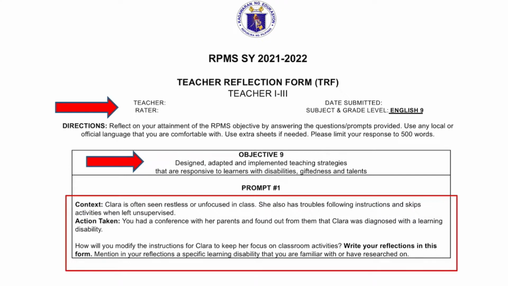So, you're going to write your reflections in this form. You are going to mention your reflections as specific learning disability na familiar ka or yung na-research mo. So, take note, dapat yung gagawin nating reflection is hindi tayo mag-limit yung response natin sa 500 words.